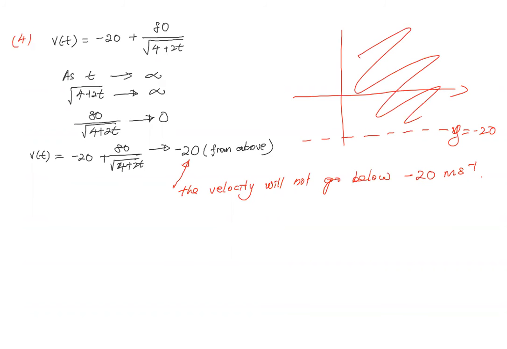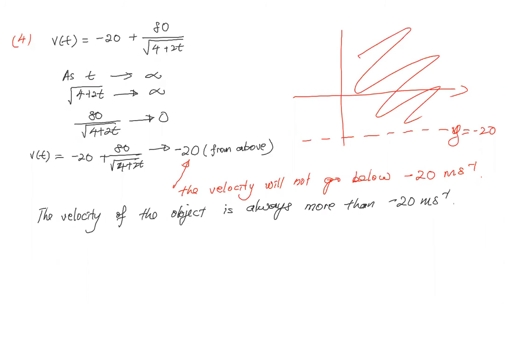So that's why they ask to discuss the behavior. When they say discuss the behavior, after you get this, you actually have to write down this statement: the velocity of the object is always more than negative 20 meter per second.